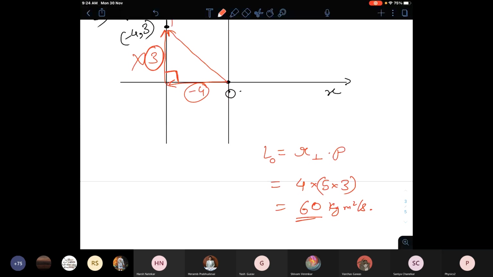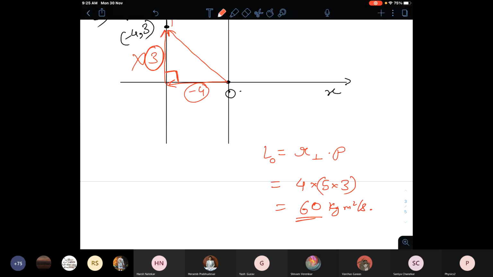So this is how you write angular momentum in a very simple manner. Now I guess everybody is clear with angular momentum. There are 3 ways in which you can write it. One is I omega: whenever you have rotational values, you use I omega.